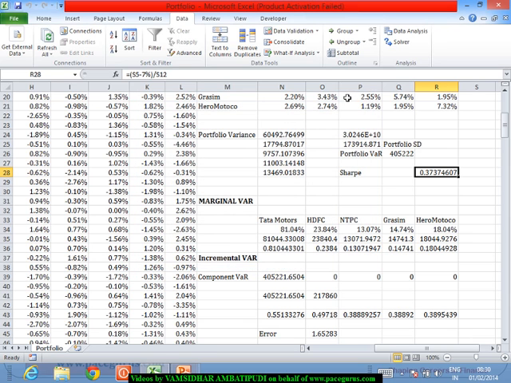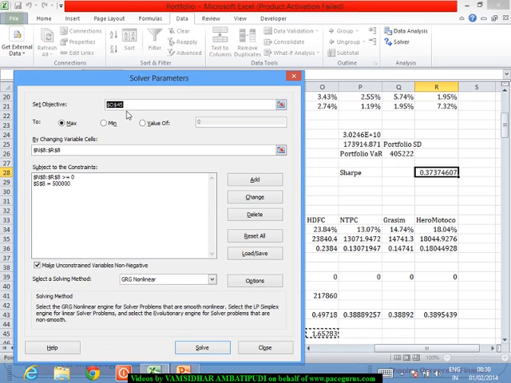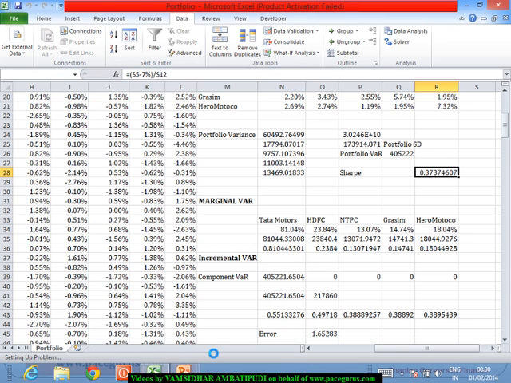This R28 needs to be maximized. Oh, we are doing a maximization of something else. So I want to maximize this by going with this process. Let's see now. Right. This time we should get a better combination.